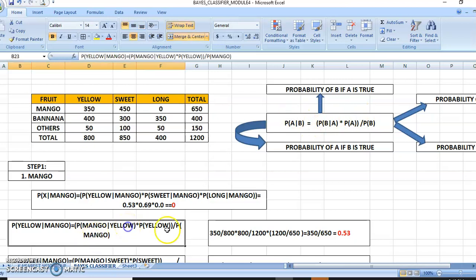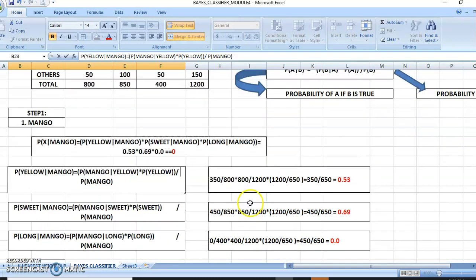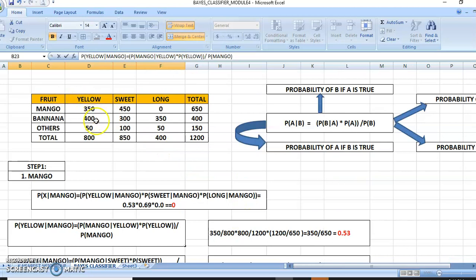The probability of yellow given mango equals the probability of mango given yellow, into the probability of yellow, the whole divided by the probability of mango. For this you can just go according to the values and substitute them in that.